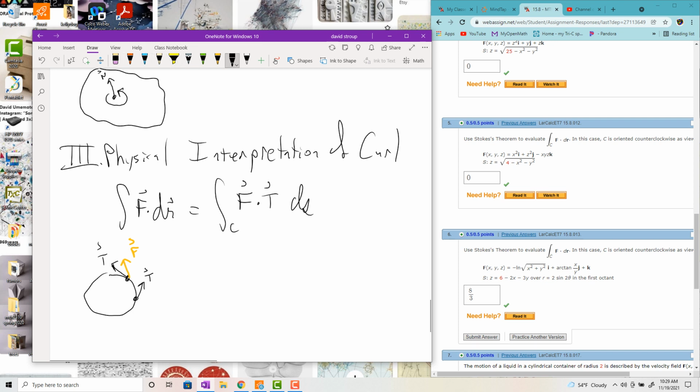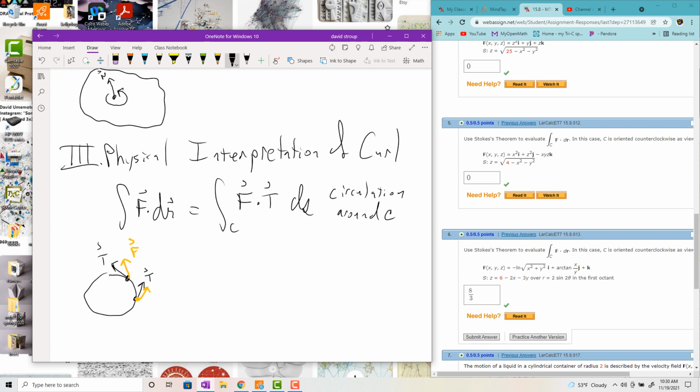So you think of it as the force field pushing in the same direction as motion, so it's going to go faster and faster. That's how you want to think of this. If your curve is closed, it's a circulation issue around C, right?